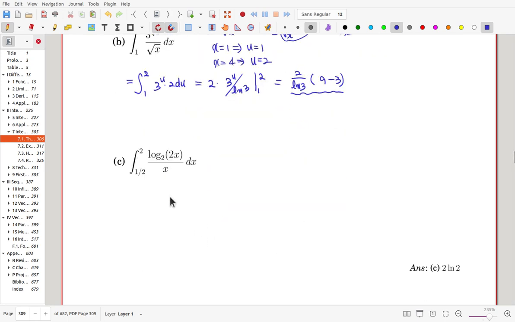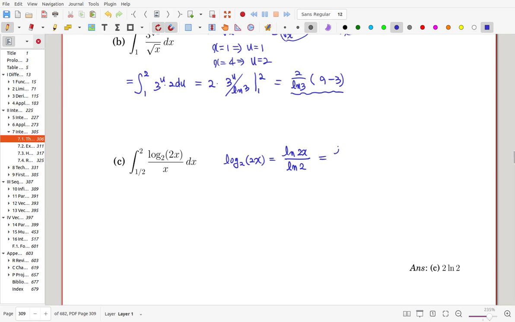Okay, for this one, we may manipulate the top. Here, log base 2 of 2x. That is the same as natural logarithm of 2x divided by natural logarithm of 2. That is the base change rule. Okay, now we can rewrite this one more time in this way.